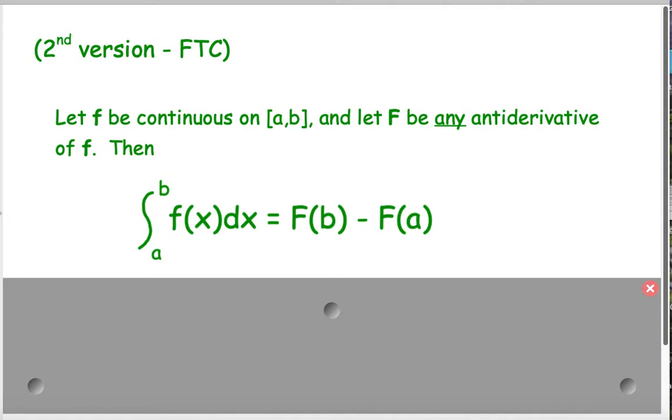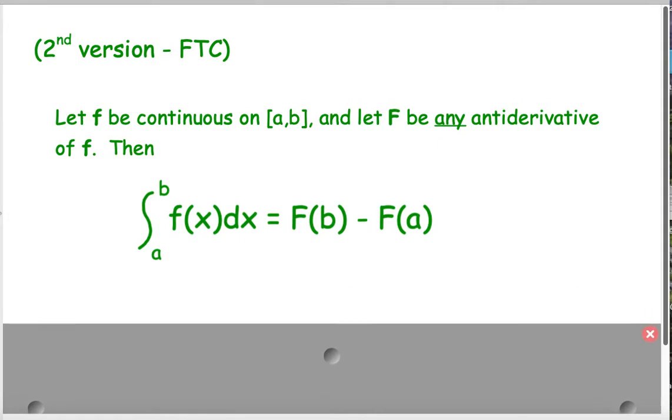In other words, we evaluate an antiderivative at b, then at a, and subtract them, and we'll get the value of the integral, or the area under the curve.